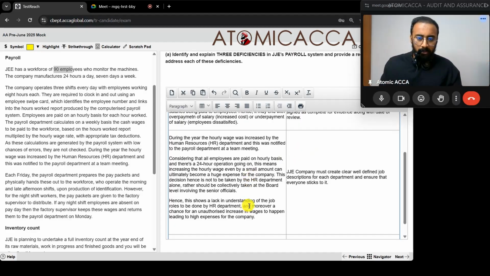Second thing, there is a chance for an unauthorized increase in wages to happen. That means HR should not be involved in it.